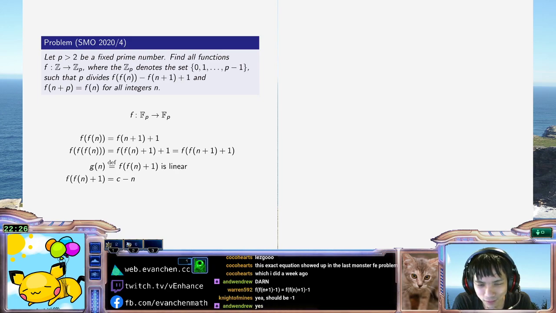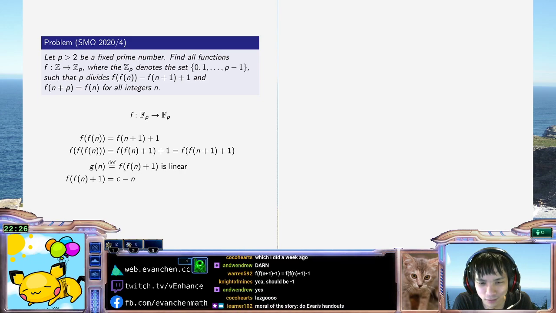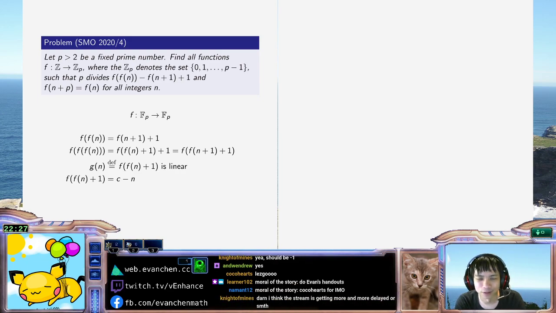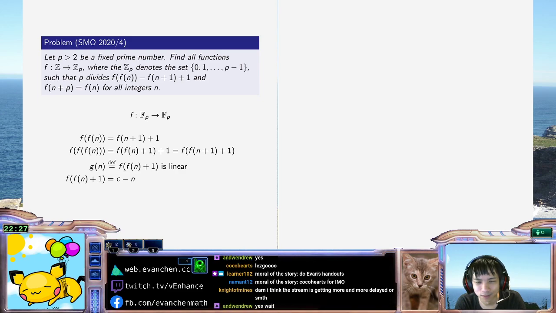Well, okay, what if I put n equals f of m? I still want to unnest the f's. Well, maybe I could just iterate it. Like, f of n plus 1 is c minus n. Can I iterate it?